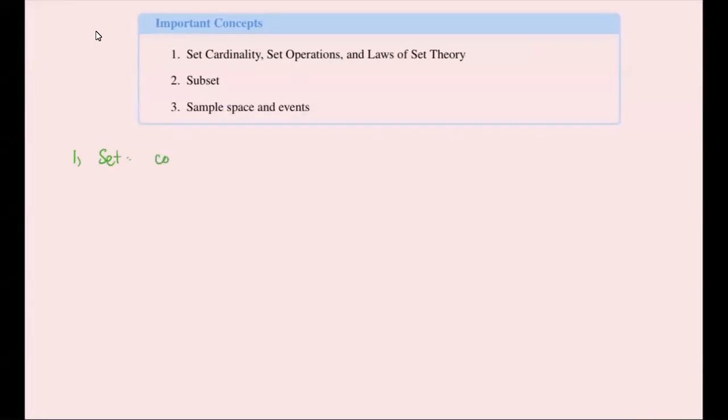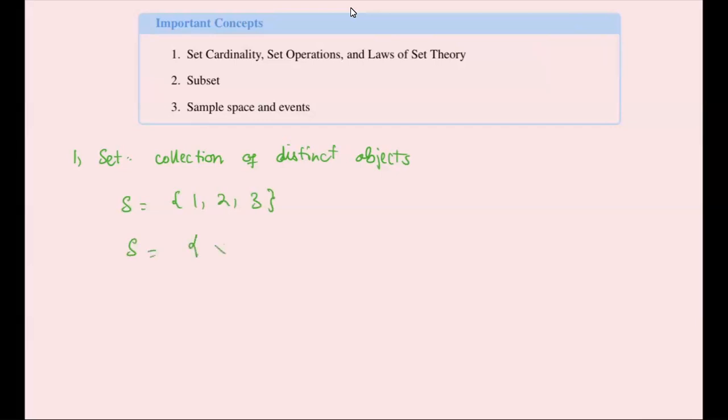Set is just a collection of distinct objects. And there are two ways for you to denote a set. The first one is actually list out all the elements, something like this.